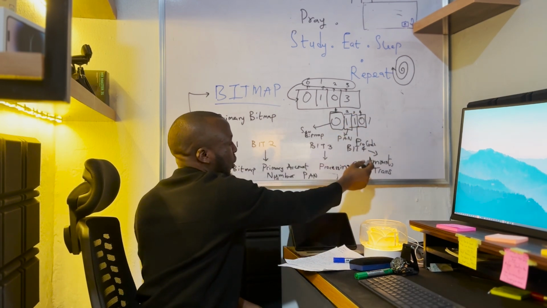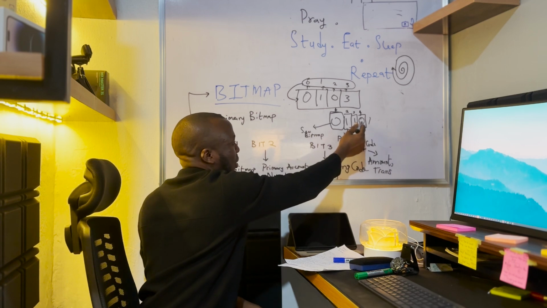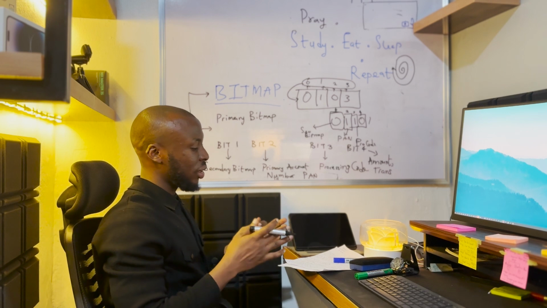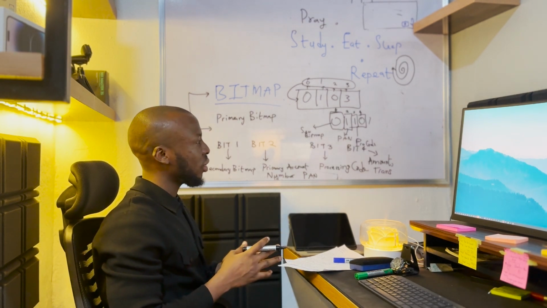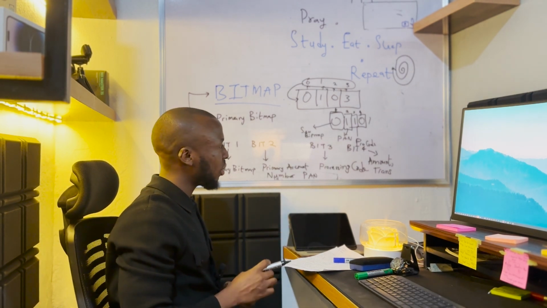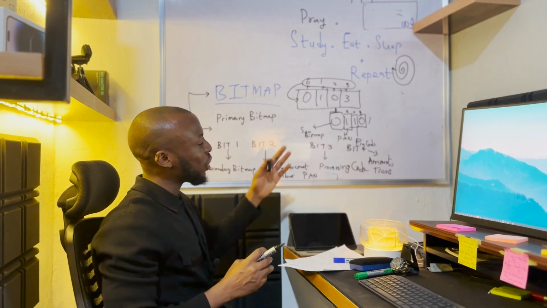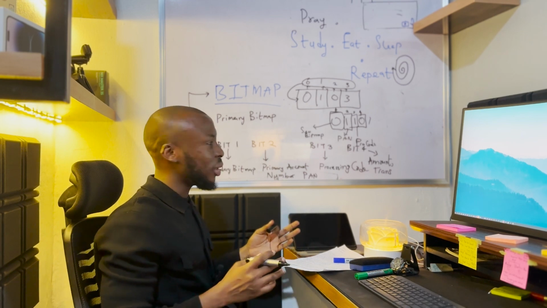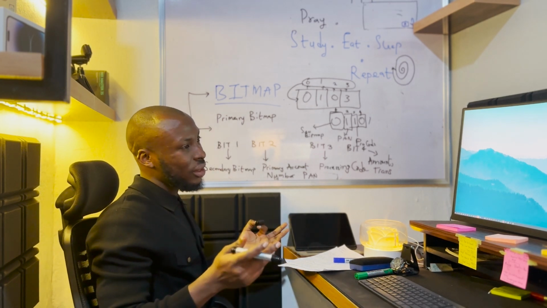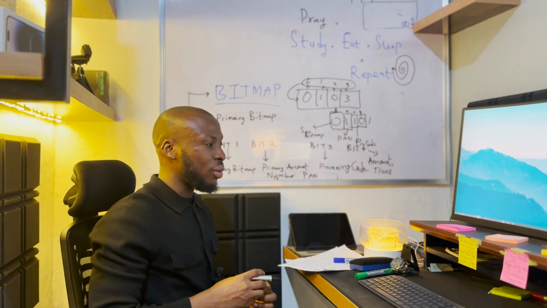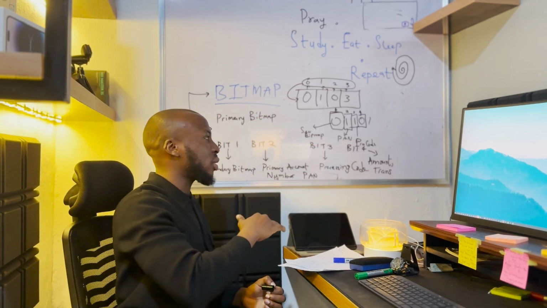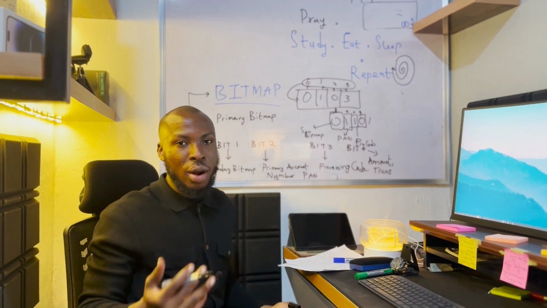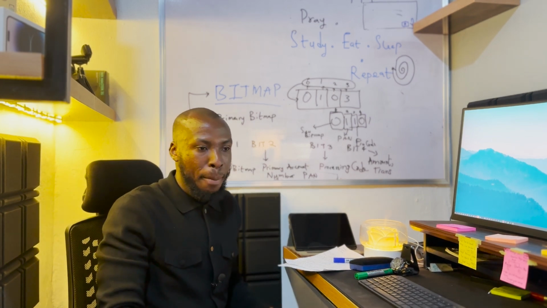Now, field 4 contains the amount. Because this is set to 0, it means within our ISO message, the amount is not contained. Does that even make sense? It means within our ISO message, we do not have the amount data element. All right. And if you do not have it there, it means you do not need it. For example, if you are sending a request to a bank saying you want to get a balance inquiry, you do not need to send an amount. All right.